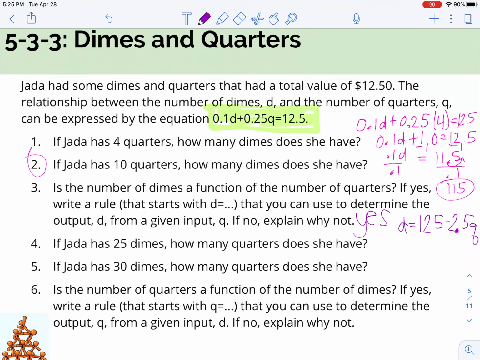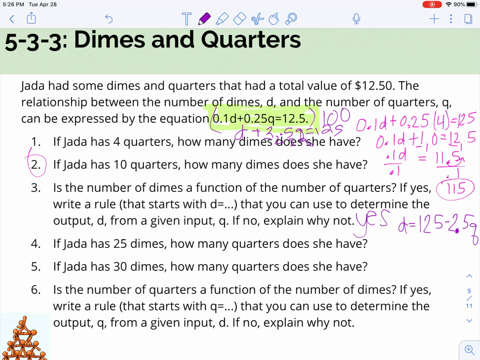So what they did is they took this original equation, they multiplied it by 100, like that. So then that became dimes alone, and then that became 2.5Q, and that became 125. And what they did was they just subtracted over 2.5Q, like that.